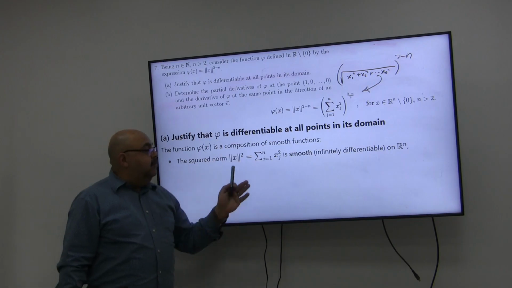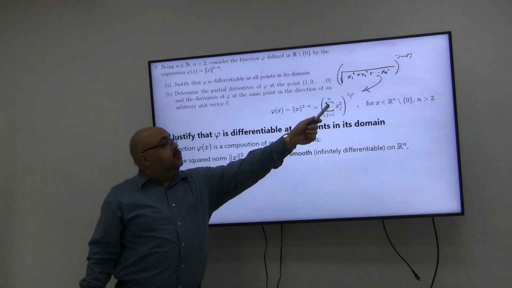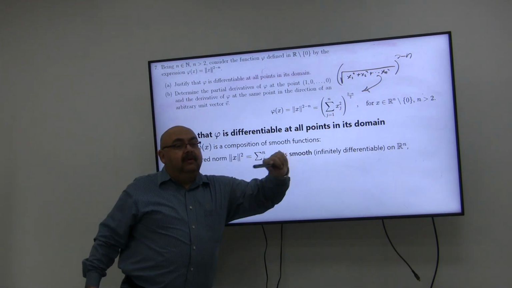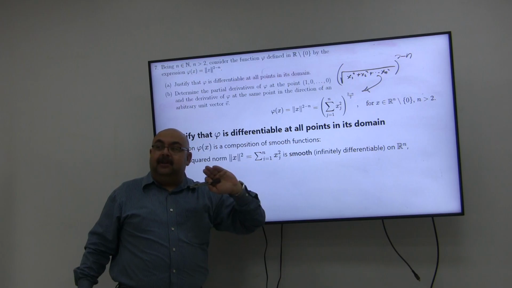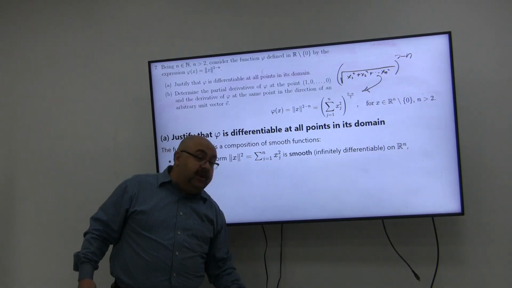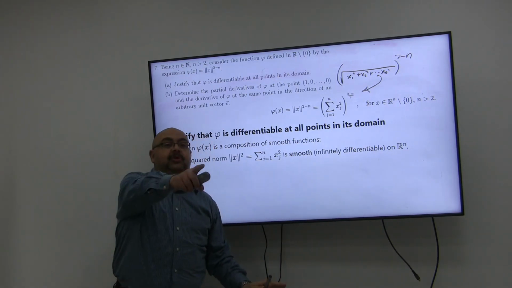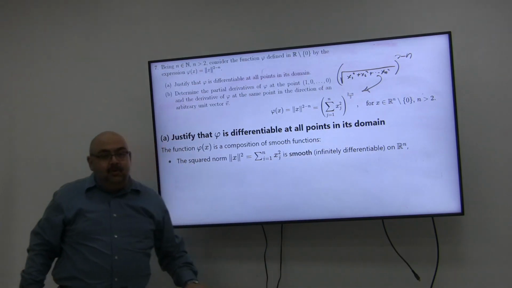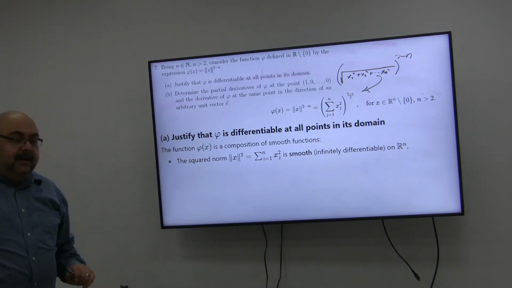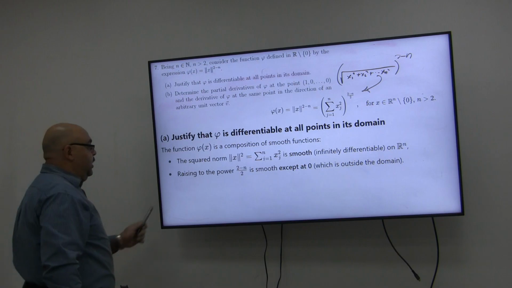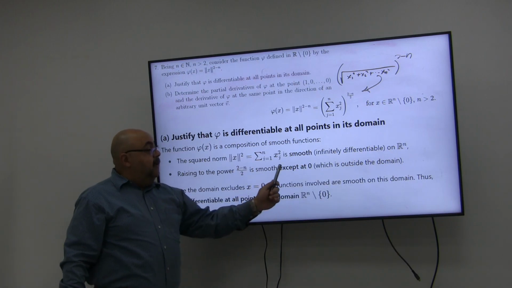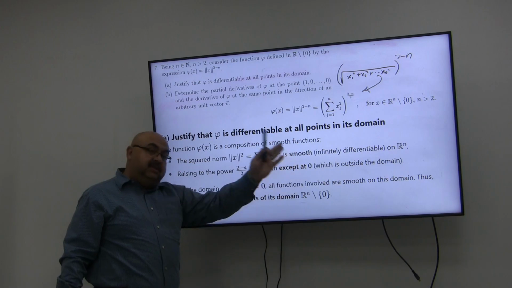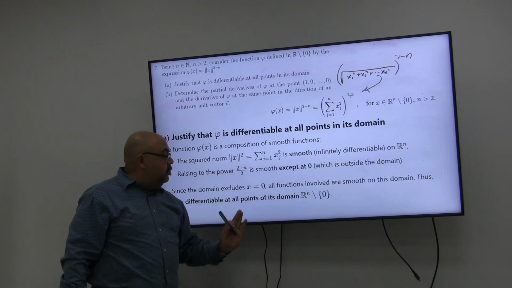The only problem that may happen is because of the existence of the power 2 minus n over 2. This is the only obstacle, and this would result in a division by 0. But you already excluded 0 from your domain, so you are in a very good shape. The only exception is at 0, which is outside our range, so there is no problem.